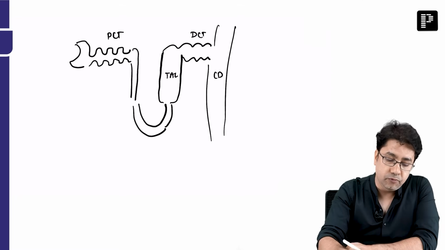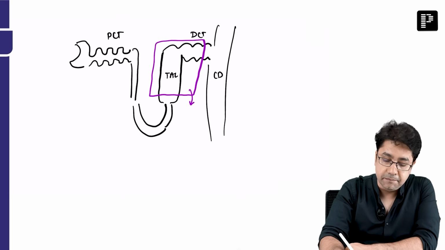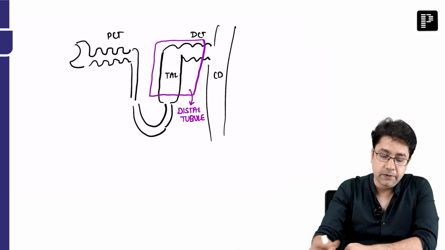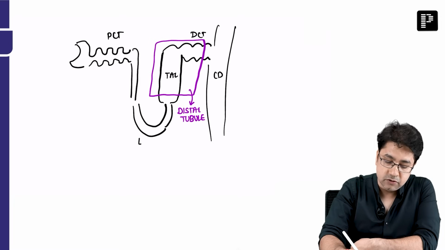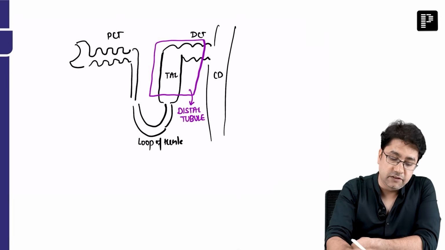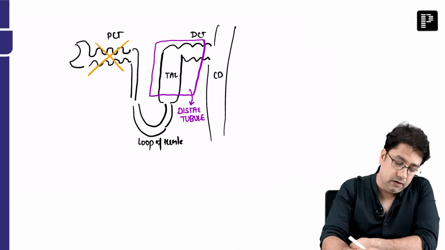Now remember one point, that DCT and thick ascending limb, these two portions of the nephron, are combined. When they are combined together, they are known as distal tubule. And this hairpin loop is known as loop of Henle. Now the first class of diuretic is carbonic anhydrase inhibitor.